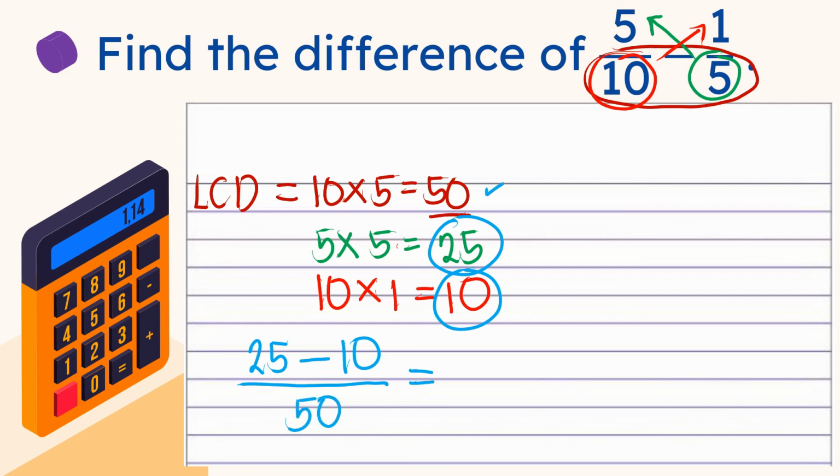This is equal to what? 25 minus 10 is equal to 15 out of 50. Okay? Now, you will see here na medyo malaki yung number mo, yung fraction mo. Kaya sinasabi ko, hindi siya lagi talagang applicable. The best na gamitin yung method 1 kung magkasunod na digit yung denominators.